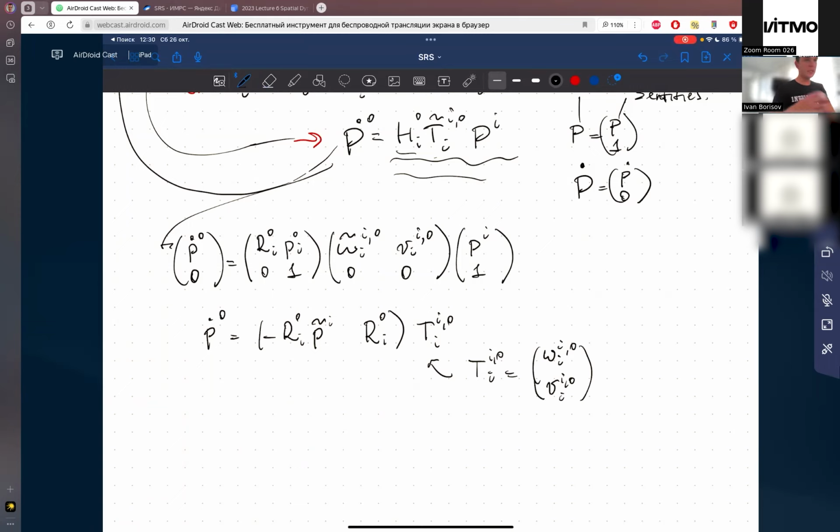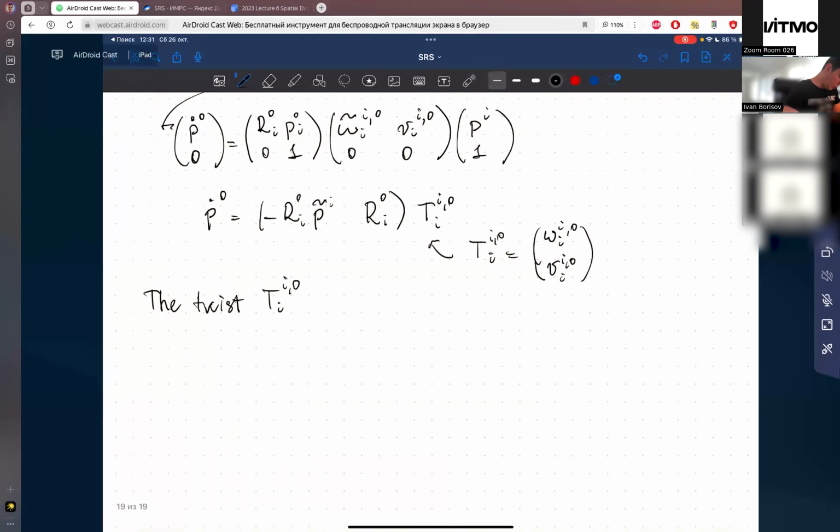It's not matrix form, it's a vector here that has 6 entries. And this twist T I0I will be the same for all points of the body.